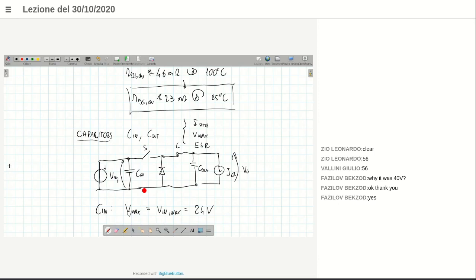Capacitors are normalized, the values of capacitor voltages are normalized according to the R5 series. So you have values like 10, 16, 25, 40, and 63. 5 values per decade.